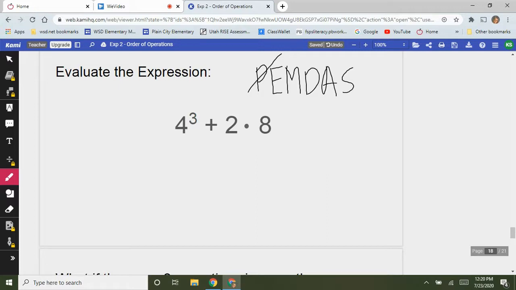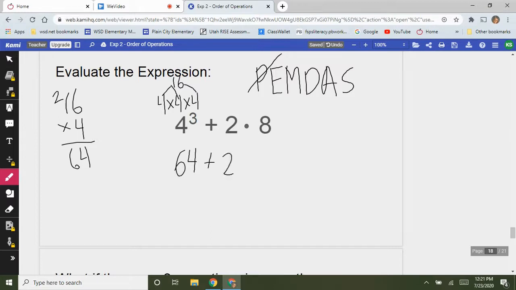My exponent tells me how many times I multiply the base. 4 times 4 is 16 times 4. 6 times 4 is 24. 4 times 1 is 4 plus 2, 6. So 64. Bring down everything I haven't used.